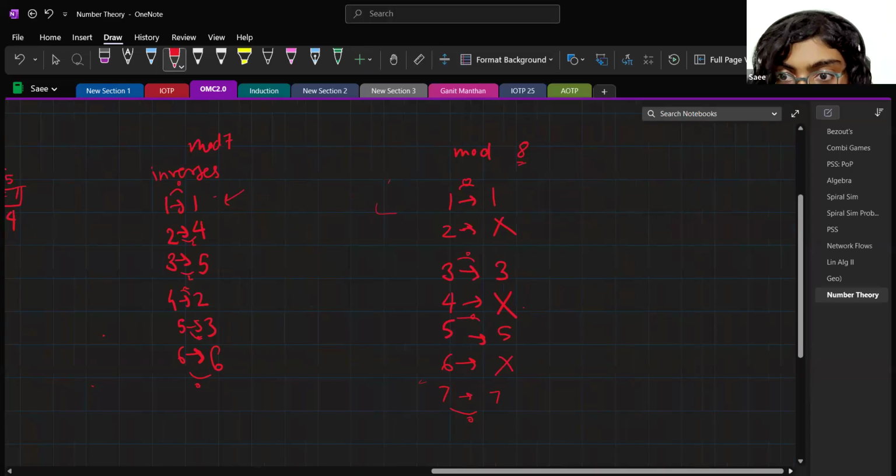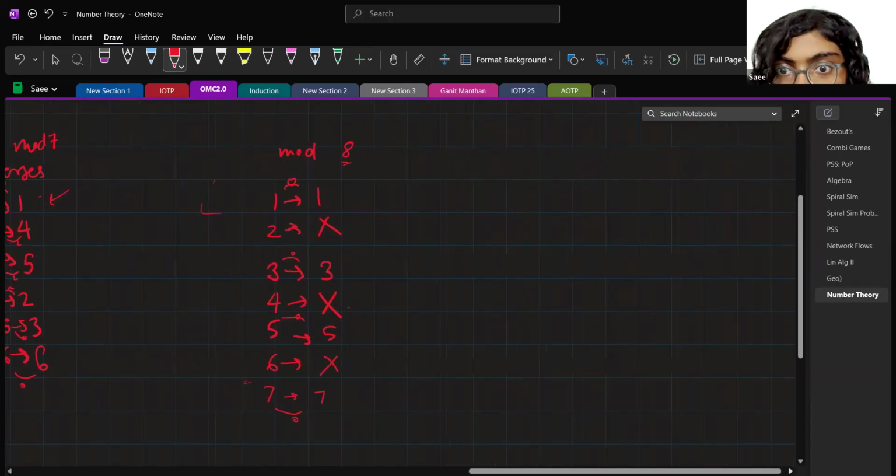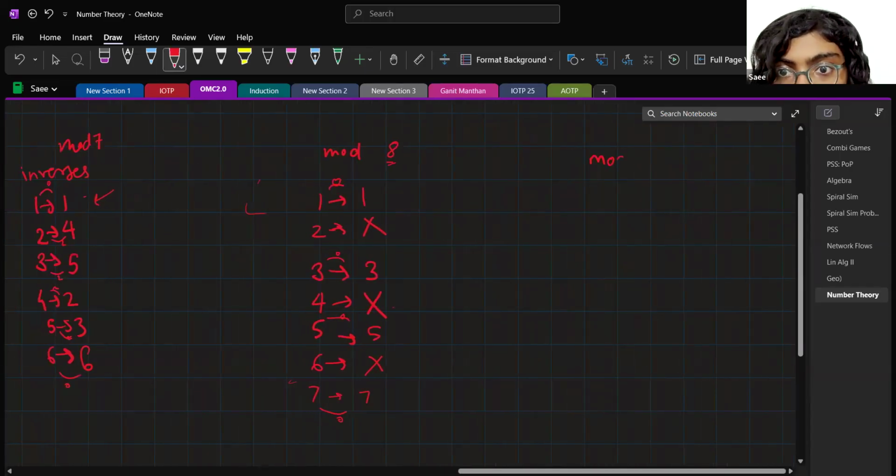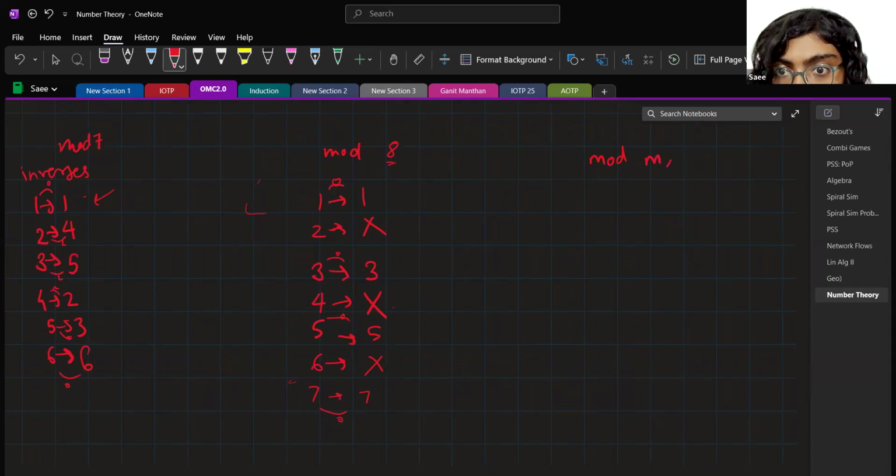So one thing that we discussed was, if you want to look mod m, if a number a is such that GCD of m and a is not equal to 1, then what can we conclude?